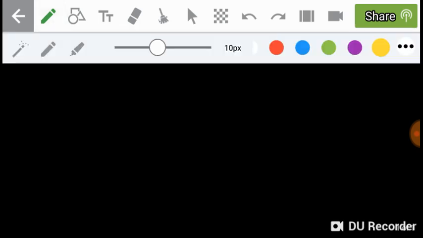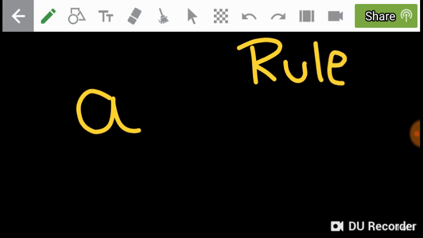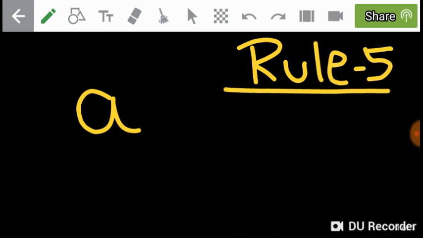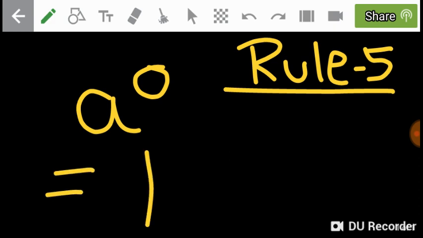Now let us learn the final rule, which I call the easiest rule to remember as well as the fun rule. I call it rule 5. Anything to the power 0, the answer should always be 1.